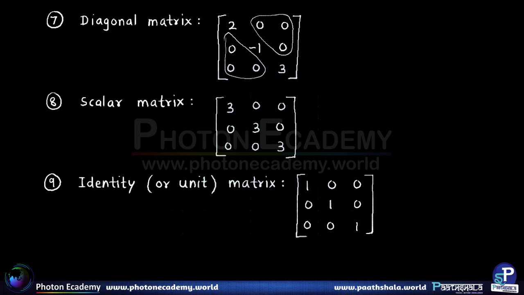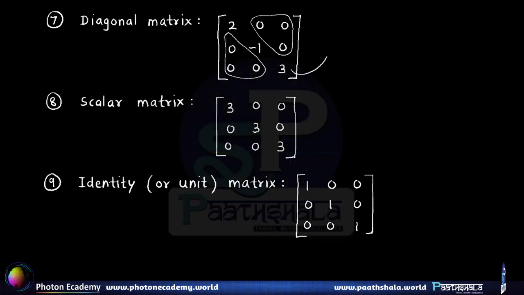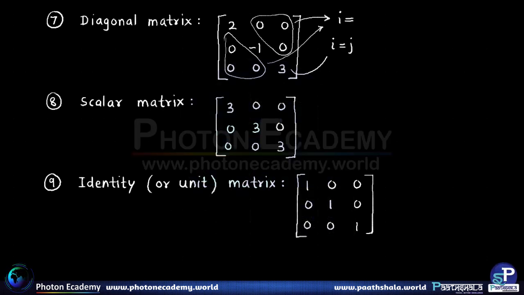Now we can also give the definition of a diagonal matrix in a symbolic form. We know that for the elements in the diagonal, the row number i is equal to the column number j, isn't it? Whereas for the elements which are not in the diagonal, that is, in the upper triangle or in the lower triangle, the row number is not equal to the column number. As per the definition of a diagonal matrix, we want the non-diagonal elements to be 0.